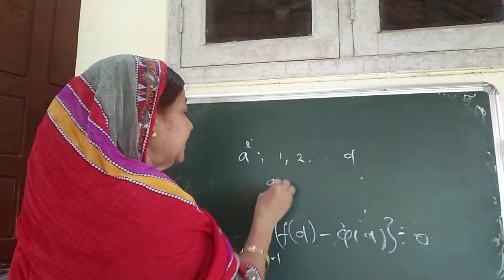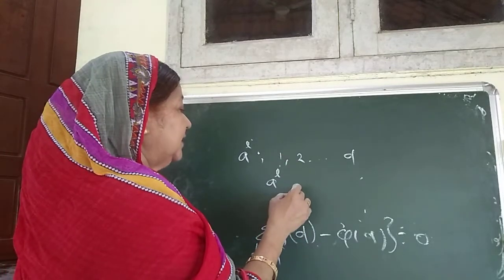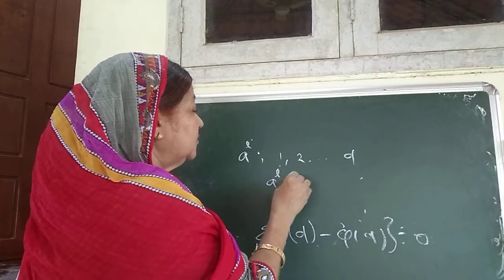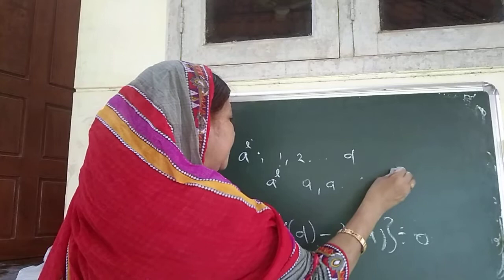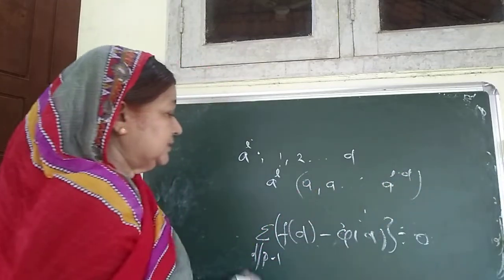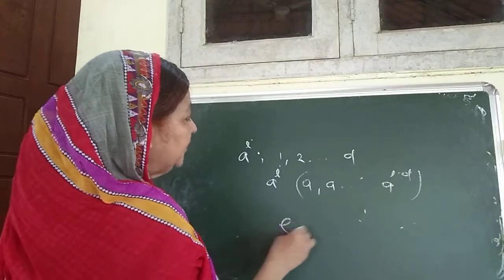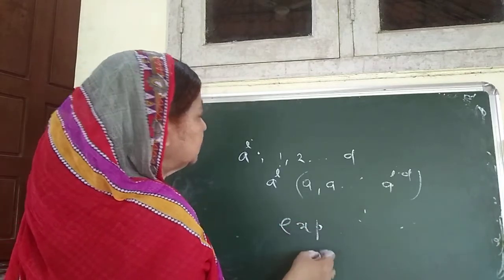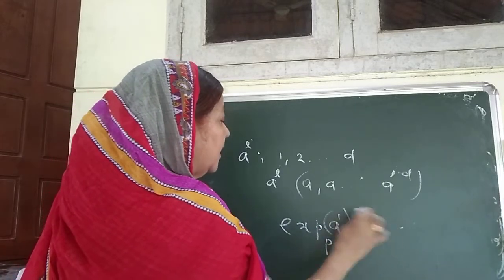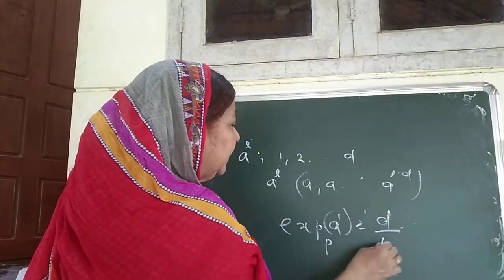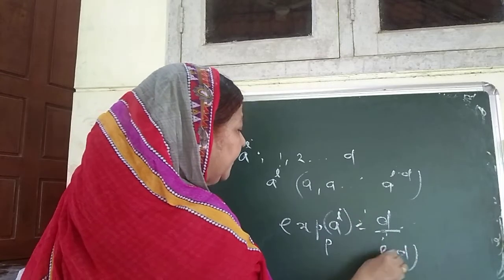We know this a raised to i has a solution, a squared, etc. But by the above lemma, what is the exponent of this? The exponent modulo p of a raised to i equals d by k, or simply a raised to i means i.